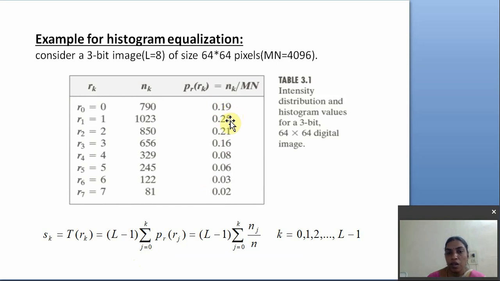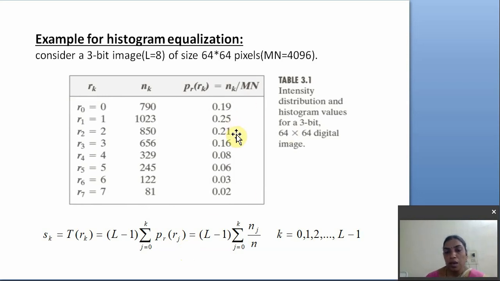What is S2? L minus 1 summation j equals 0 to 2 PR of Rj. That means 7 into PR of R0 plus PR of R1 plus PR of R2.